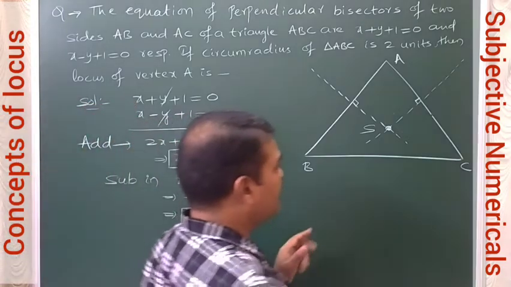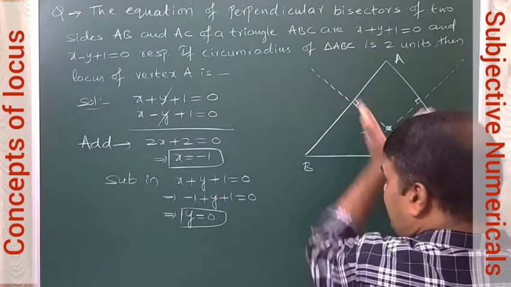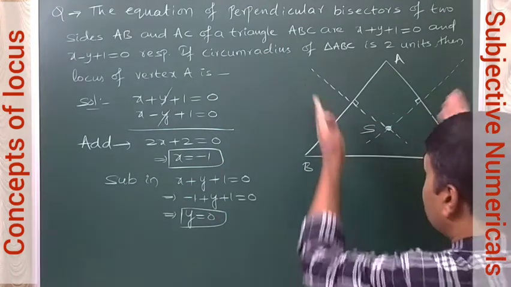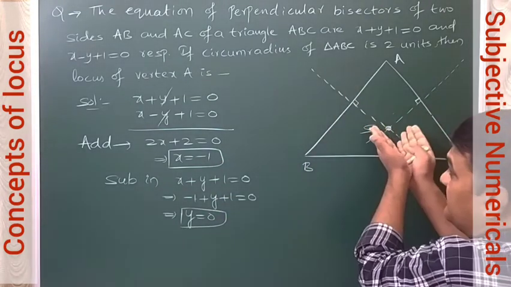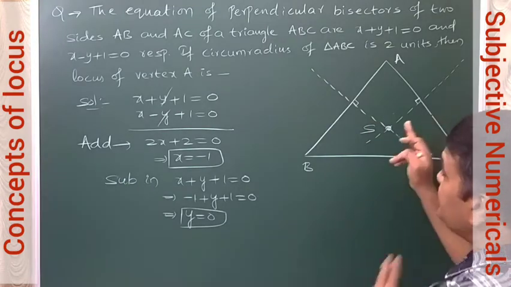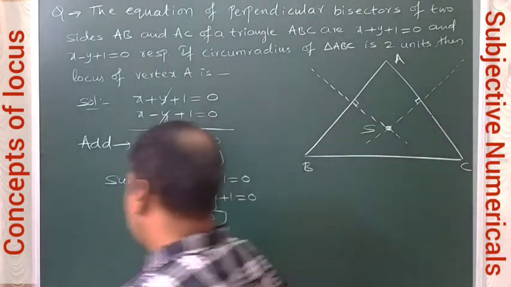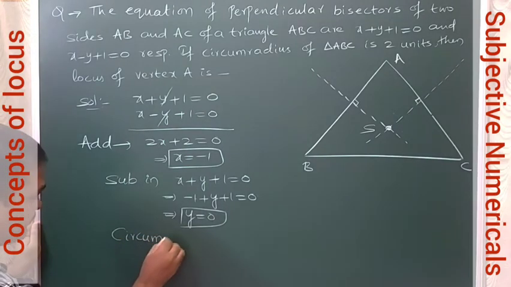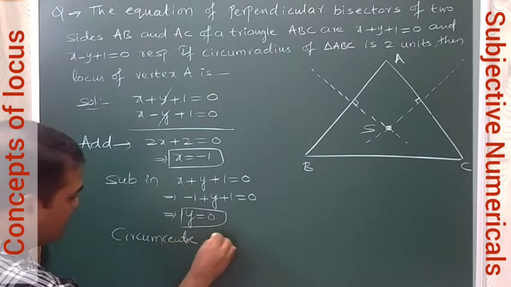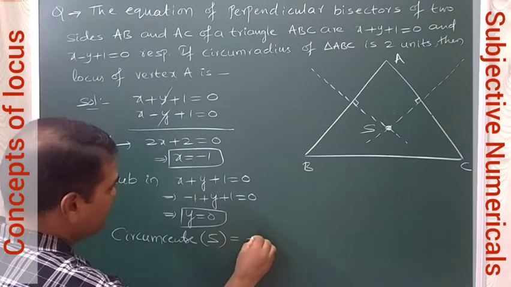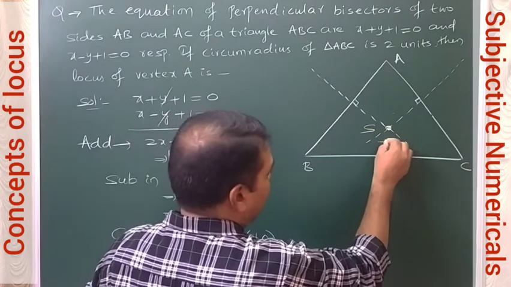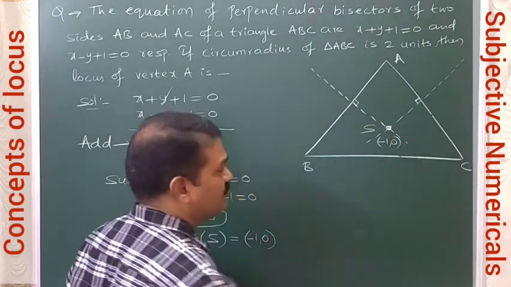So by solving the two perpendicular bisectors, we got minus 1 comma 0. What is the point of intersection of these perpendicular bisectors? Circumcenter. Therefore, we got that the circumcenter S is minus 1 comma 0. So this we got as minus 1 comma 0.